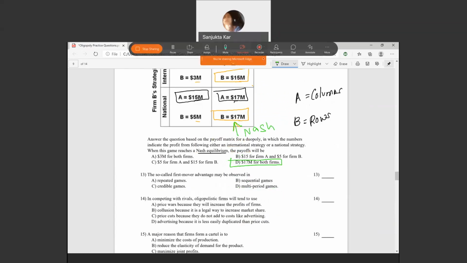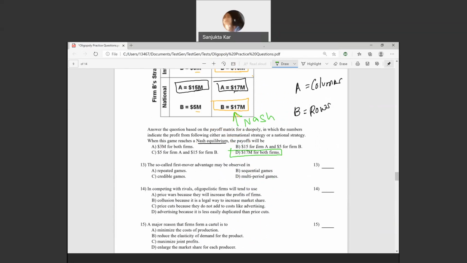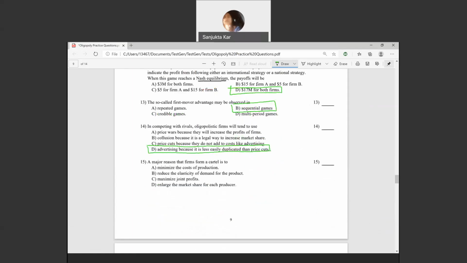Question 13. The so-called first mover advantage may be observed in sequential games. Question 14. In competing with rivals, oligopolistic firms will tend to use advertising because it is less likely duplicated than price. 15.